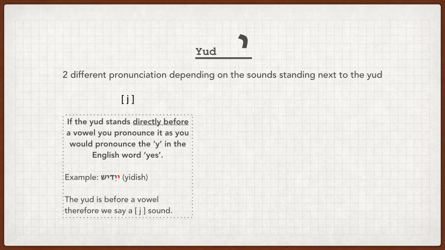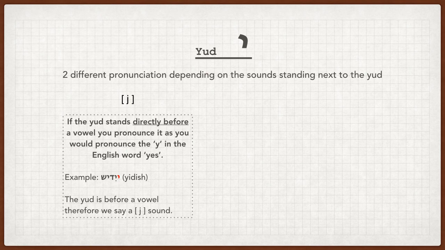So, for example, we have the word Yiddish. The first letter is a yud, and the second letter is also a yud, which is a vowel, I. Therefore, the first yud is going to be a y sound, because it is directly before a vowel.